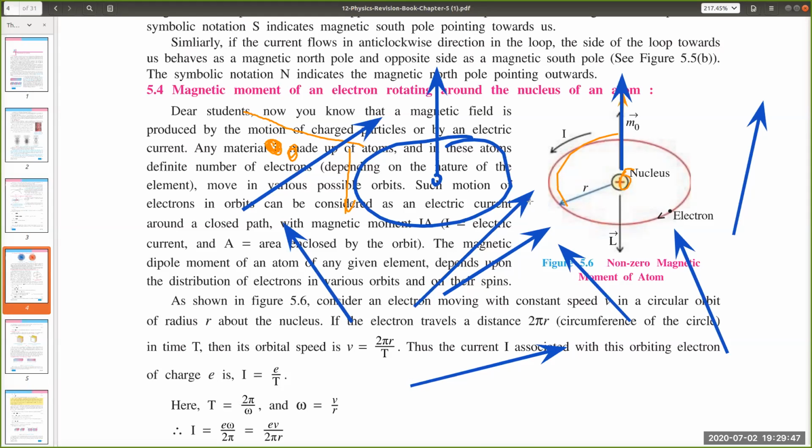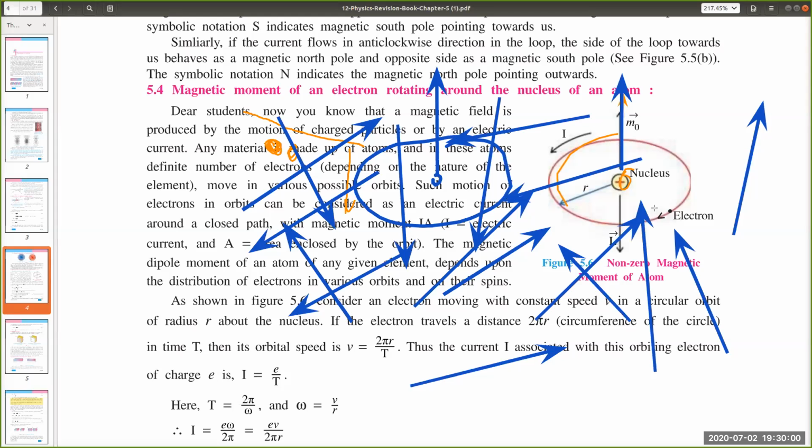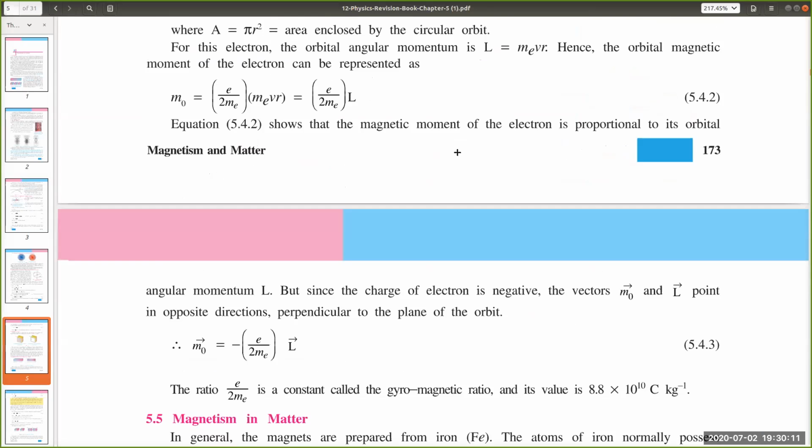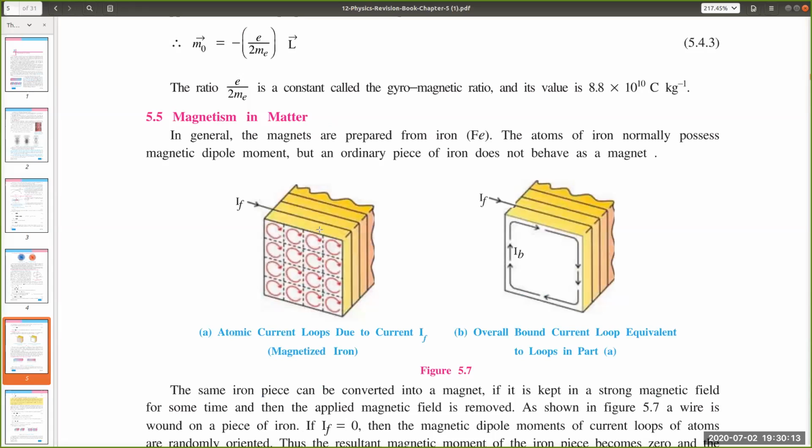So in this chapter, what is explained is the origin of magnetism. If these magnetic moments in every atom are random, they don't add up. They cancel. But suppose you pass a current like this through a coil, and this is an iron core.